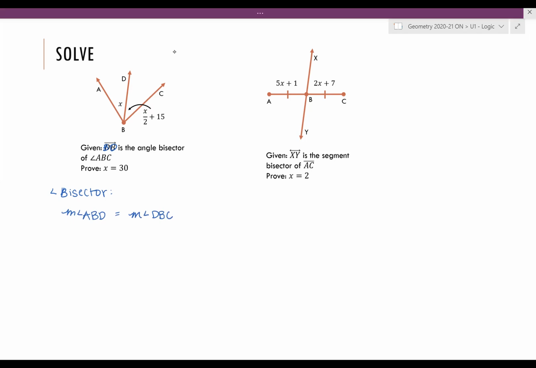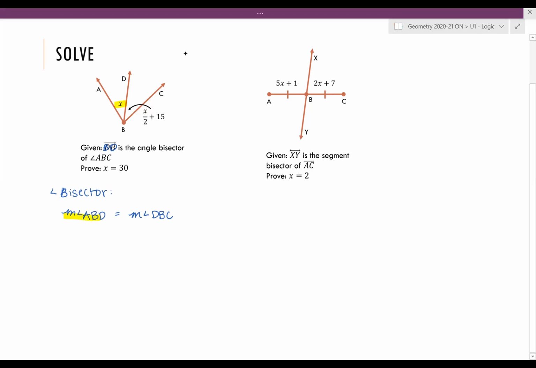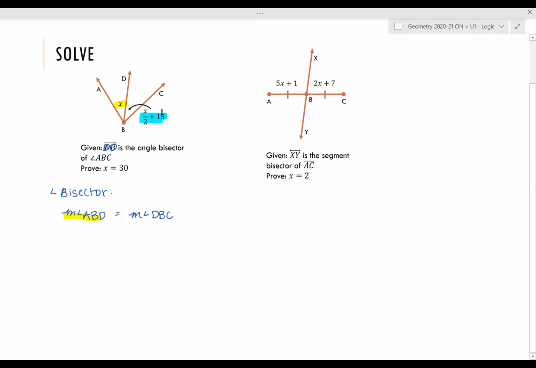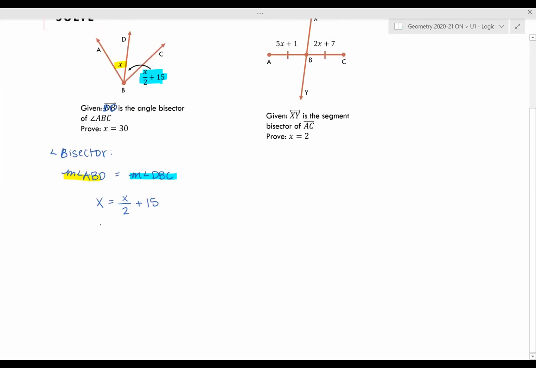So that would mean that if ABD is x and DBC is x over 2 plus 15, then we can set up our equation to say that x equals x over 2 plus 15. Now, if you're stuck here with this fraction, maybe try writing it as 1/2 x instead of x over 2.